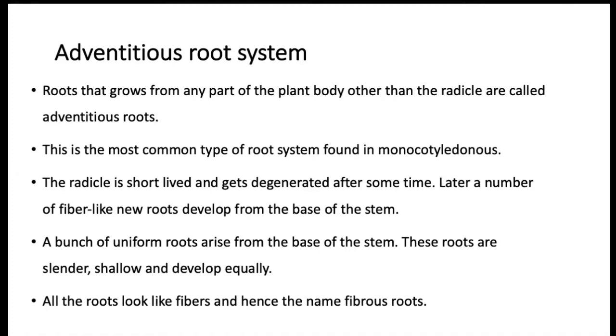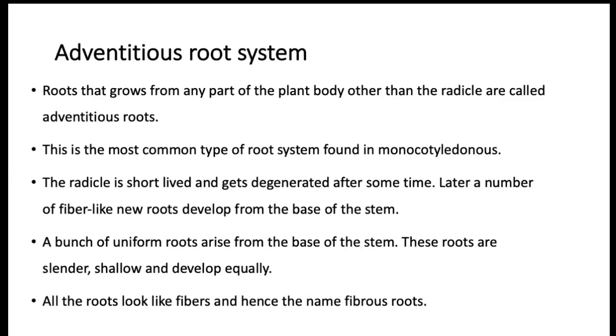They are similar in length and girth, and the whole root system is the same in shape. It is not extended or slender in any part. So when this bunch of fibers develops together, this is also called the fibrous root system.